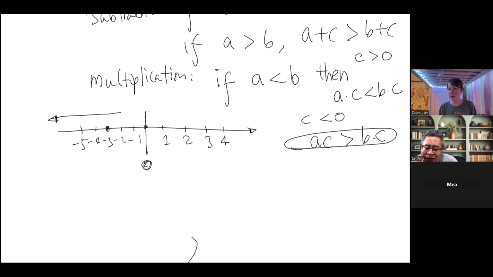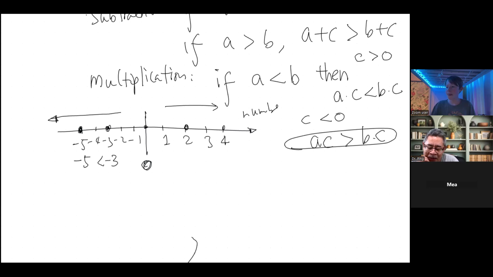It makes sense on the positive side. 2 is on the left of 4, and 2 is less than 4. But here, negative 5 is on the left of negative 3, so negative 5 is less than negative 3. At first some people might get confused, but just think about going in the other direction. This is on the right, this is on the left, and anything on the left is less than anything on the right. That's basically how we set up the number line.